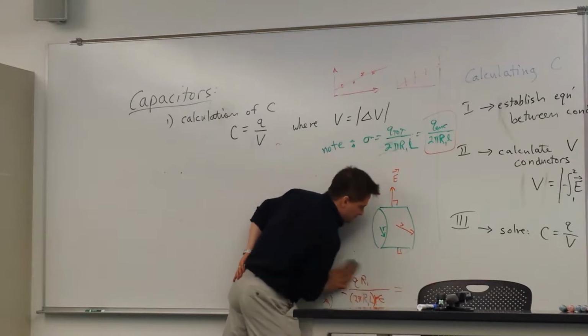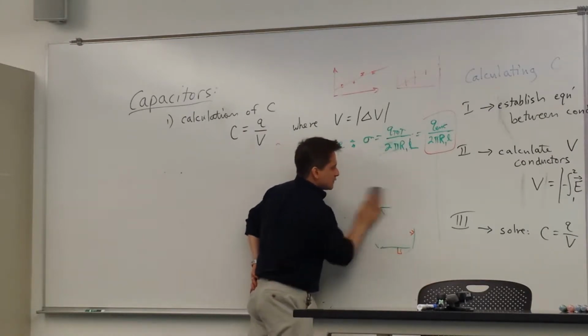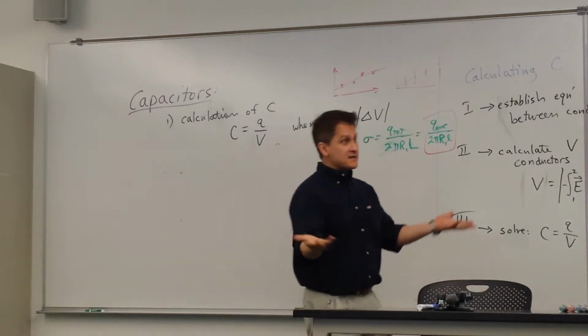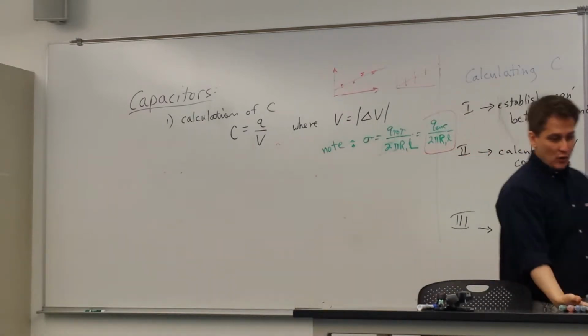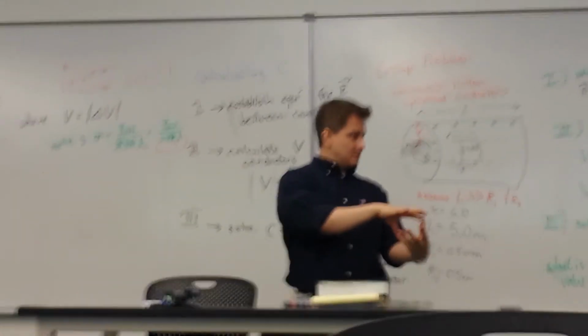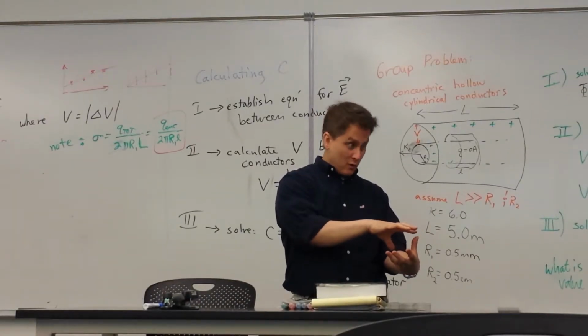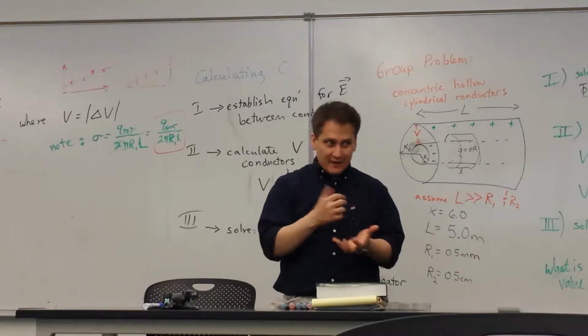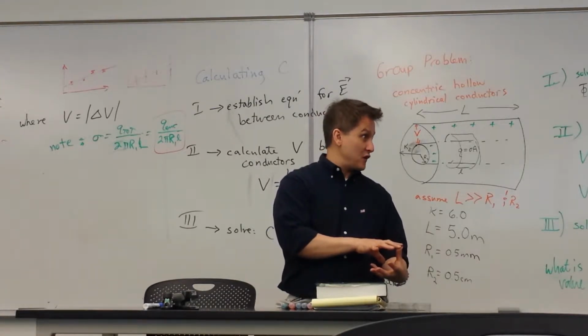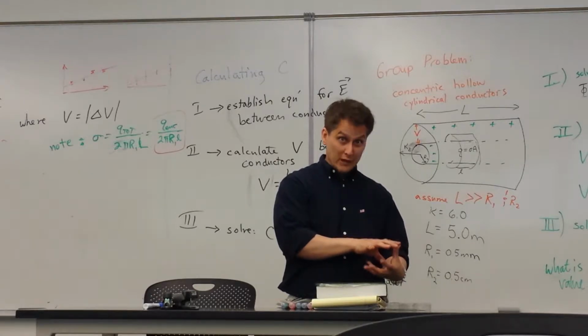Now, for any other example or any other geometry for calculating capacitance, basically you've got the same situation. The question is, do you have a set or a pair of conductors that are arranged in a way that you can calculate an electric field and a potential difference relationship?